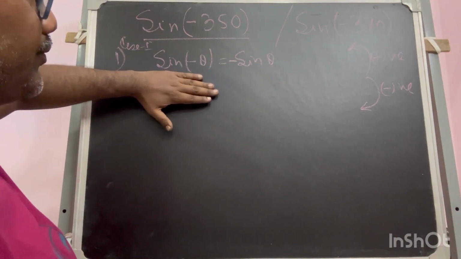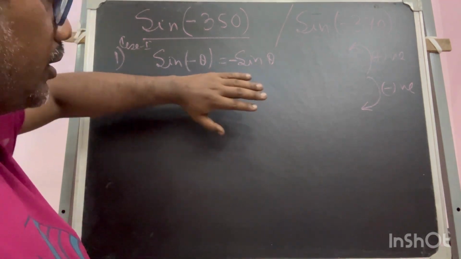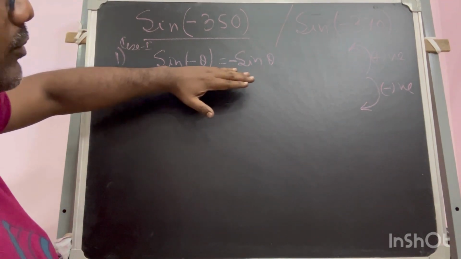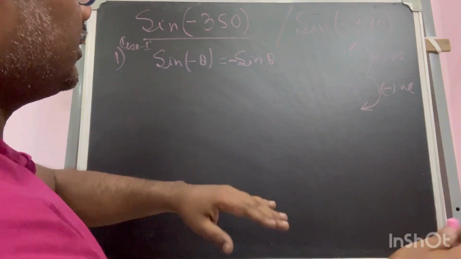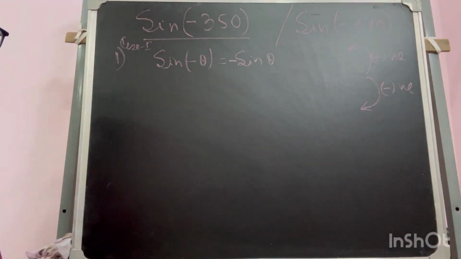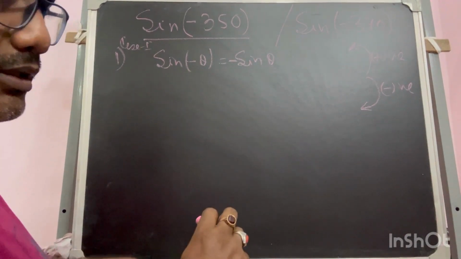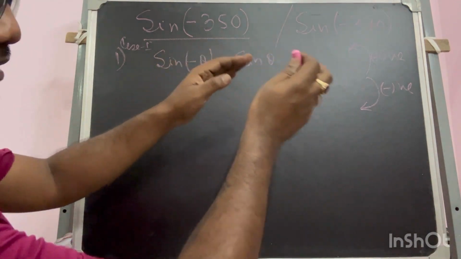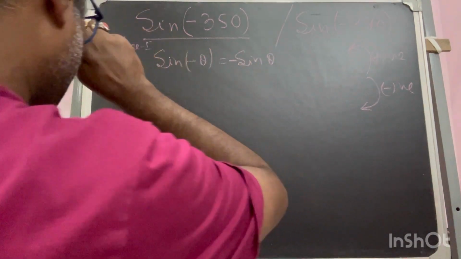This is the standard formula that I have proved, how it has come. If I try to use it, what would be the result? And if I don't use it, in the other way also, the result should match. So I want to show you that.